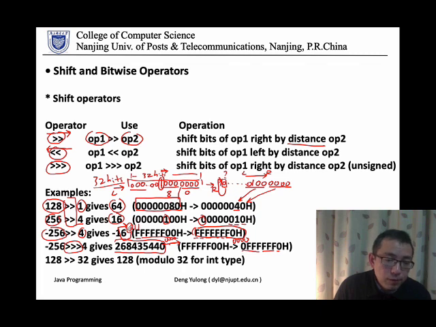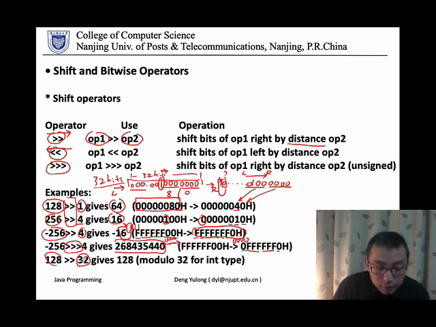This is different from arithmetic shifting. And if we shift a number by a distance equal to its size, for example, 128 is a natural integer number, so it is 32 bits, its size is 32 bits.